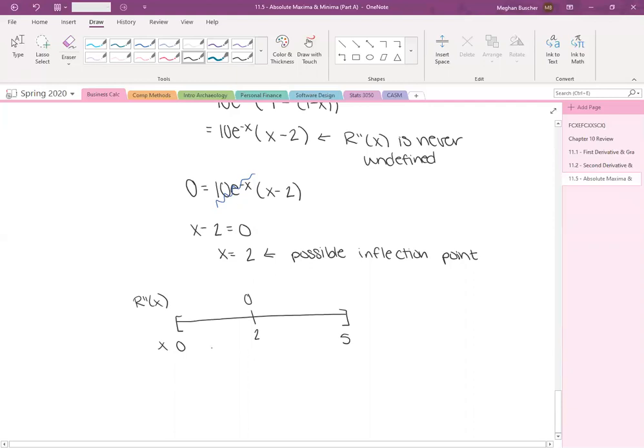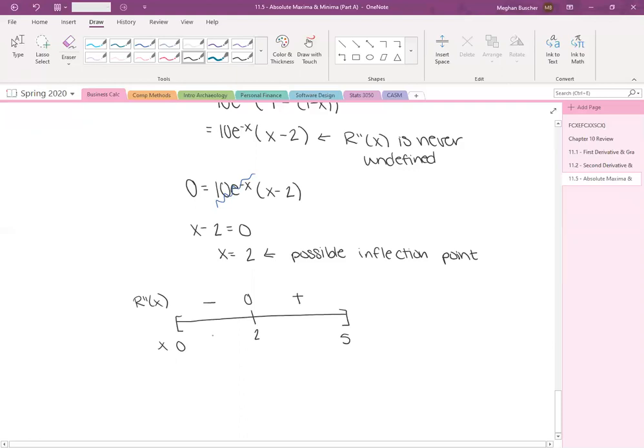When we take a number between 0 and 2, say 1, and plug it into x minus 2, is that going to be positive or negative? Negative, yep. Awesome. And if we take a number between 2 and 5, say 3, and plug that into x minus 2, are we going to be positive or negative? Positive. Awesome.